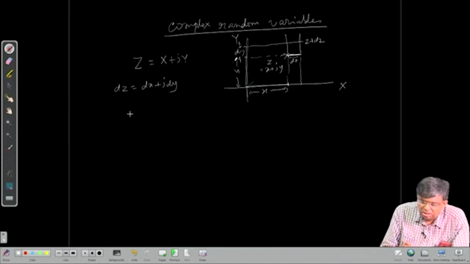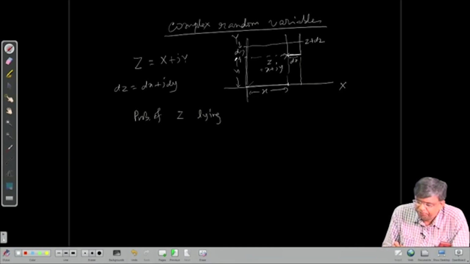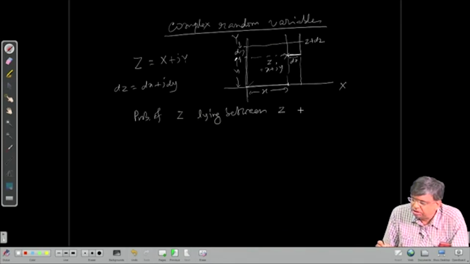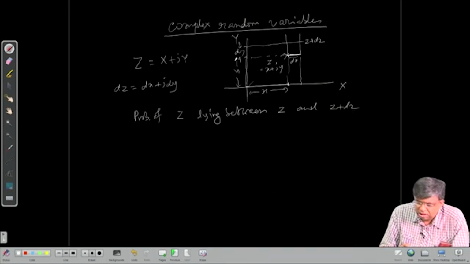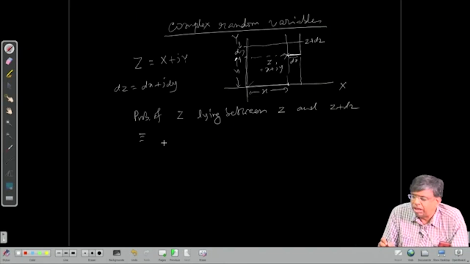So that means the probability of capital Z lying between small z and z plus dz is equivalent to, what will happen? That is, capital Z will lie between these two. This means it will lie within this box. It will fall anywhere in this box. That is the meaning of this.